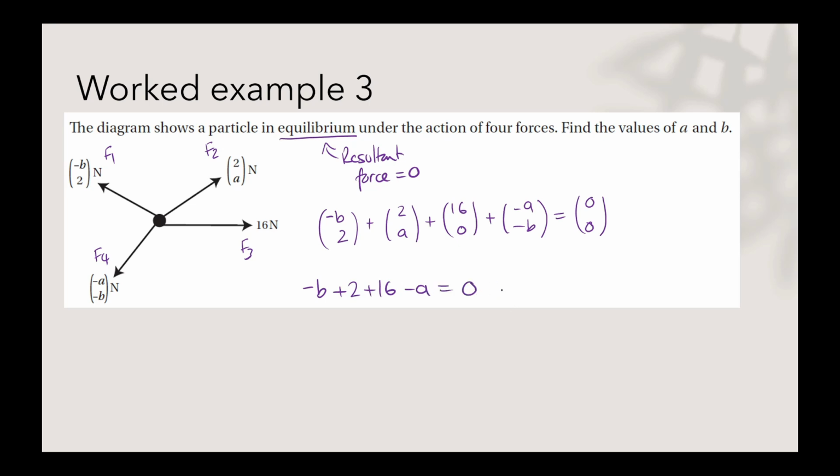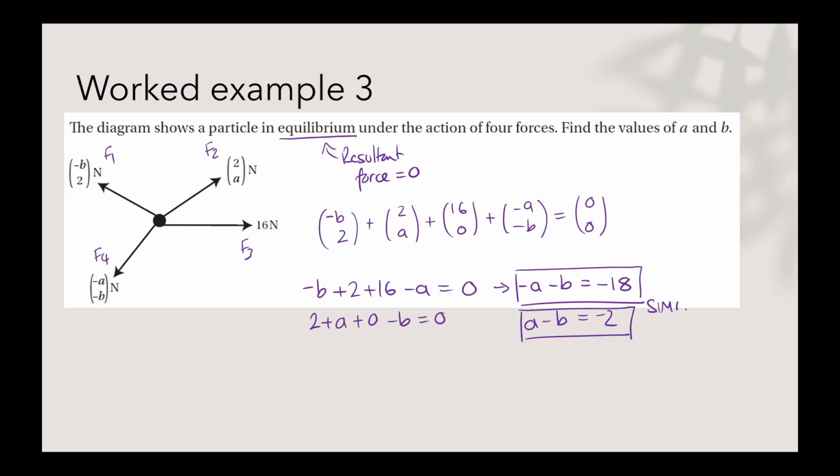Neatening all of that up and taking to the other side, we end up with minus A minus B equals negative 18. And so that's one equation. And if we then do 2 plus A plus 0 minus B equals 0, I end up with A minus B equals minus 2. So that's my second equation.